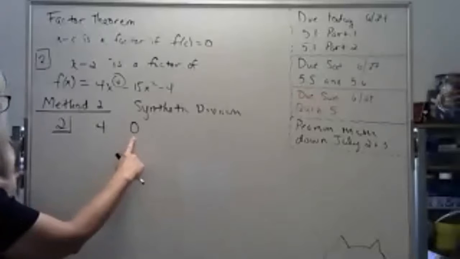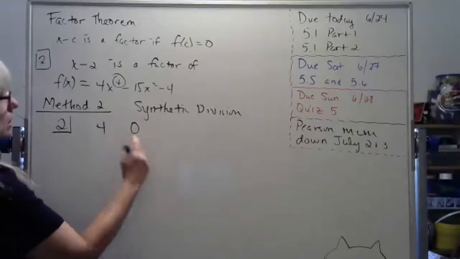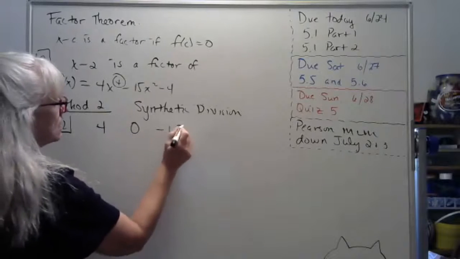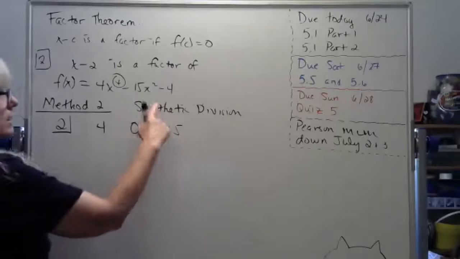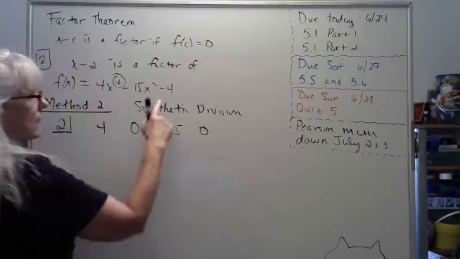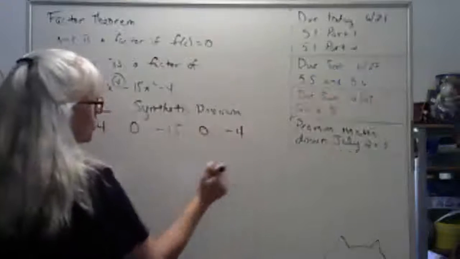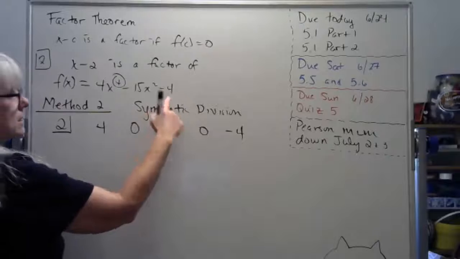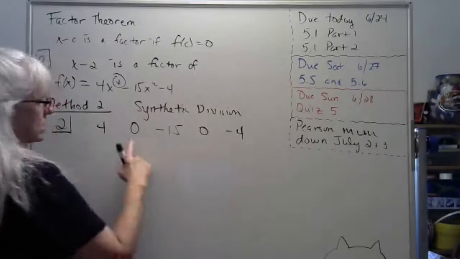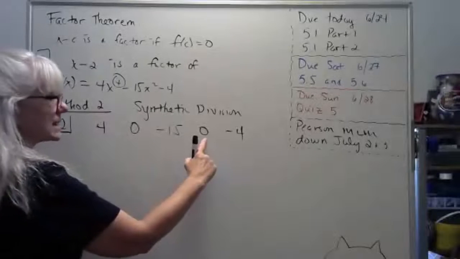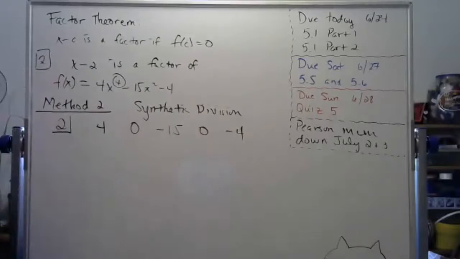The placeholder is important. It needs to be there. You then have a negative 15. You now need another placeholder of 0. And then finally, the last coefficient is a negative 4. So you'll see the 4, the negative 15, and the negative 4 are sitting there. Because there's no x cubed and because there's no x term, we have placeholders of 0.